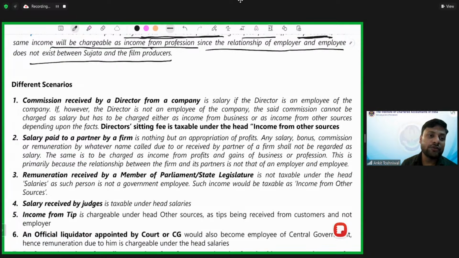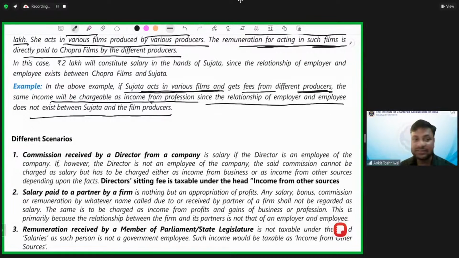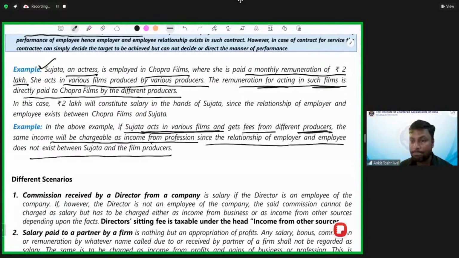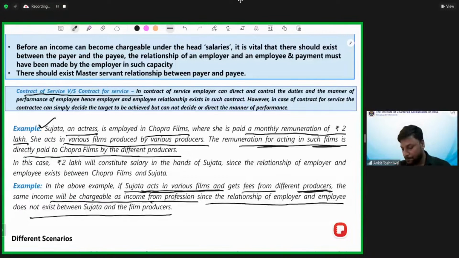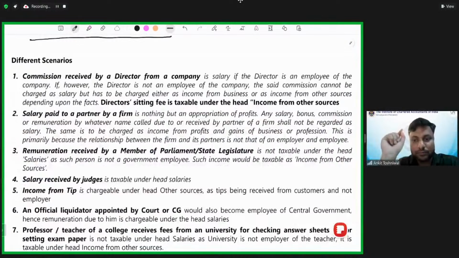Okay. Second question. Salary received by a partner from a firm. See, commission received by a director. I'm repeating again. If he is receiving it as a salary and he is also an employee of a company, then it is taxable under the head salary.